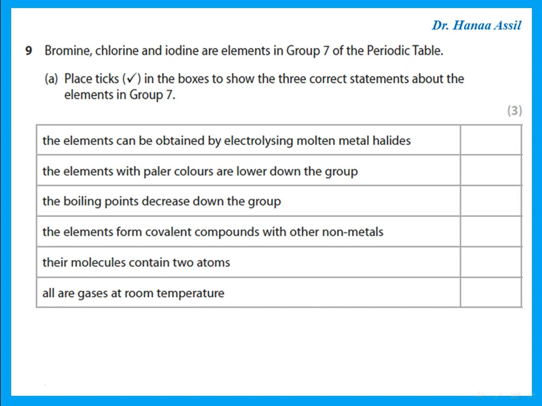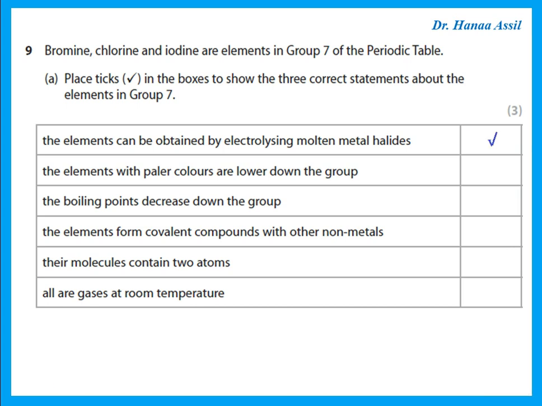Okay? Bromine, chlorine, and iodine are elements in group 7 of the periodic table. Place ticks in the boxes to show the 3 correct statements about group 7. Okay. Elements can be obtained by electrolyzing the molten metal halides. So if I do electrolysis of molten, for example, sodium chloride, will I get chlorine?